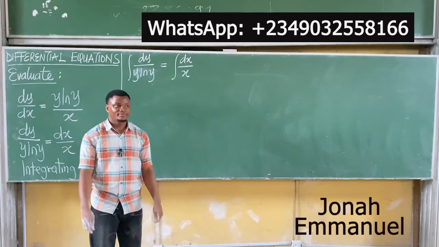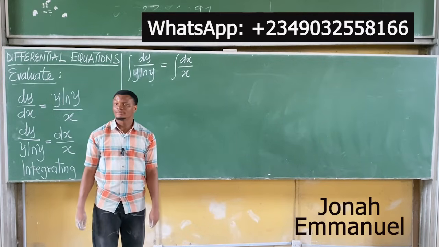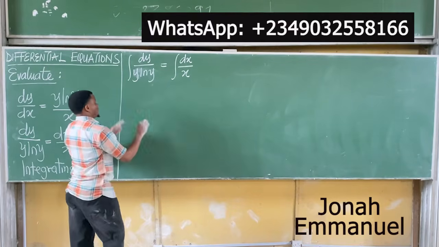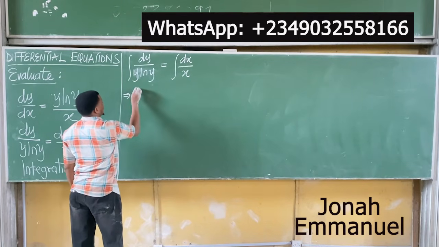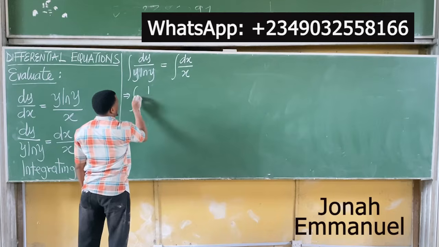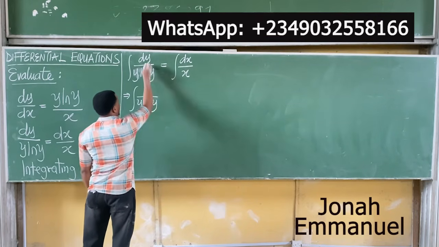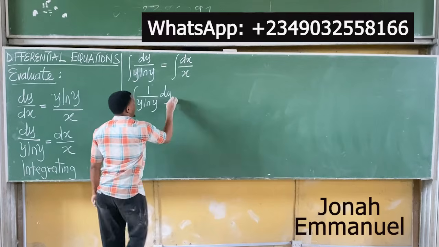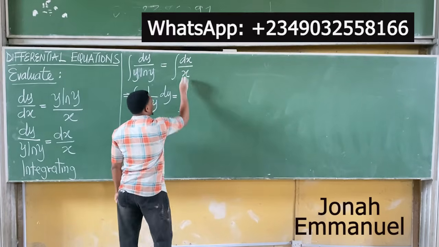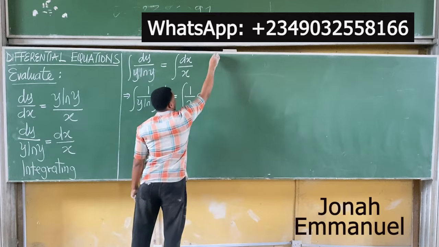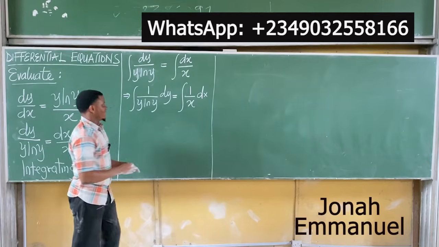Okay, so shift them out. It becomes the integral of 1 all over y ln y dy, which is equal to the integral of 1 over x dx. Okay, so what next?